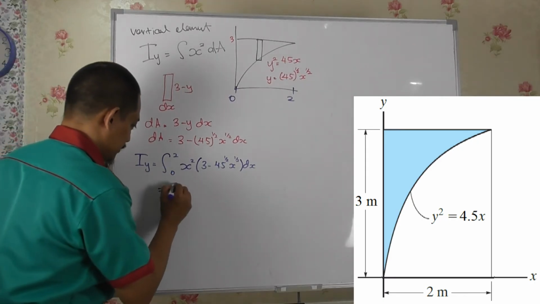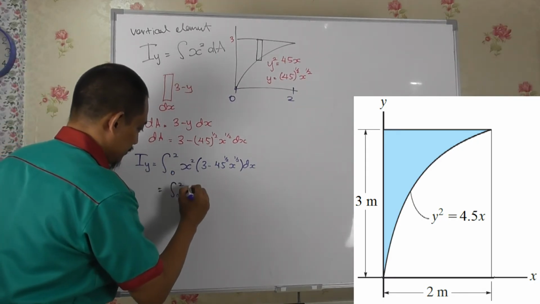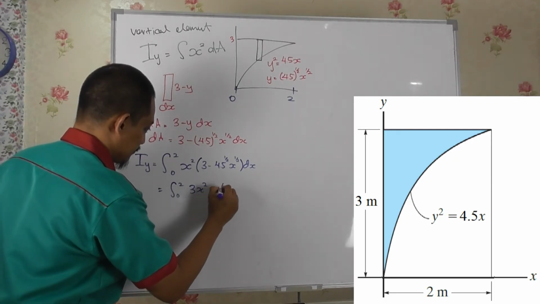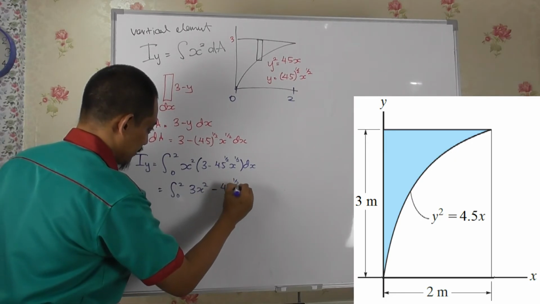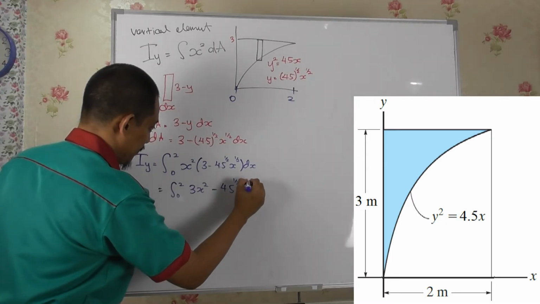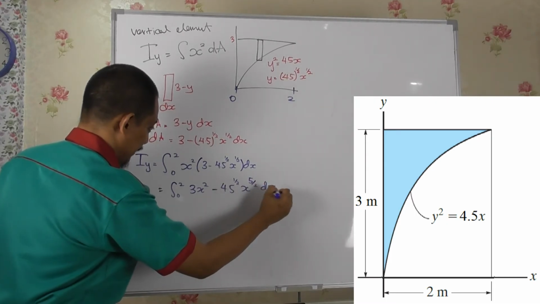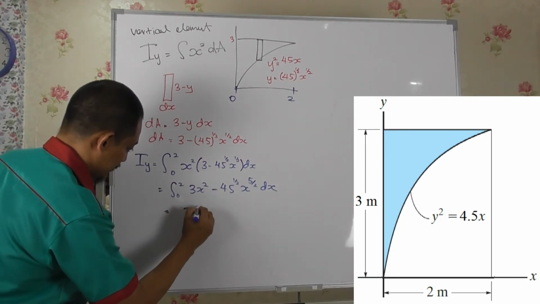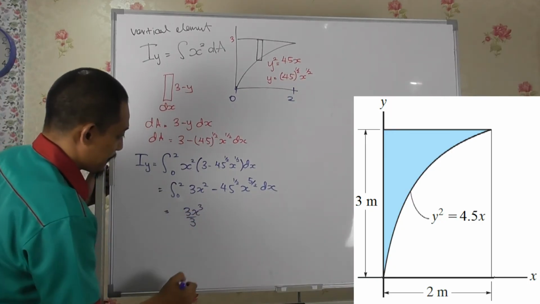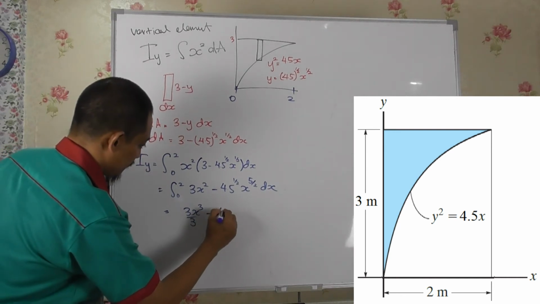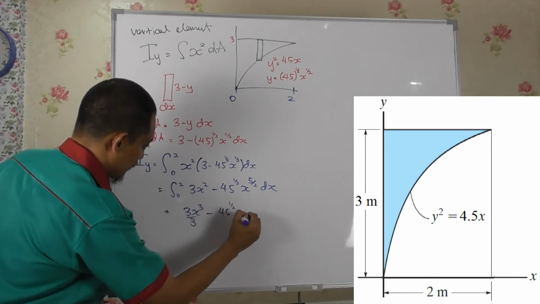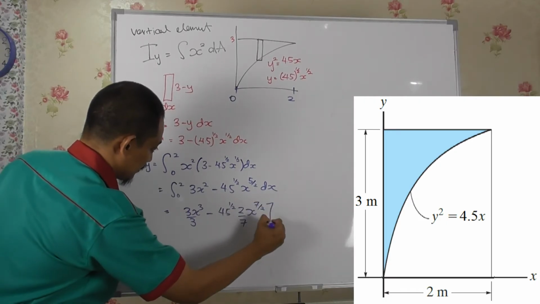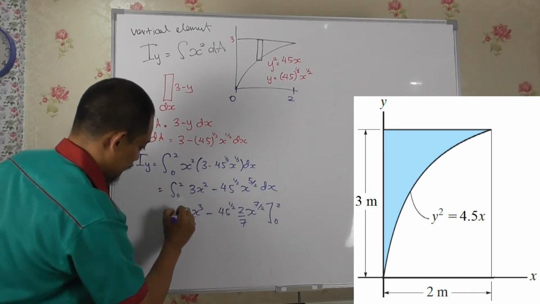So 0 to 2, 3x squared minus 4.5 to the power of half x to the power of 5 over 2 dx. So when you integrate this, you'll get 3x cubed over 3 minus 4.5 to the power of half x to the 7 over 2, so 2 over 7 over here. The limit is from 0 to 2.